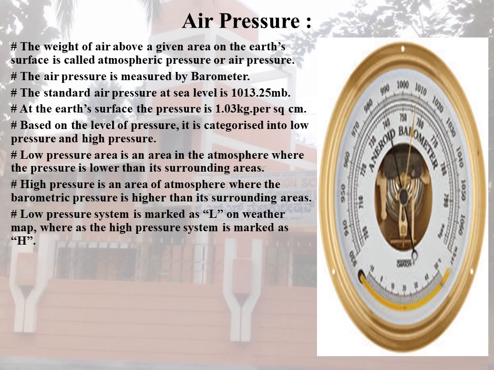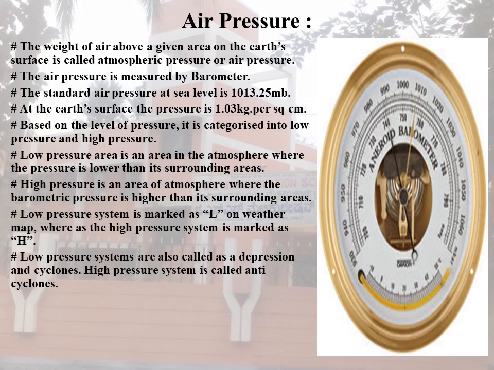The low pressure system is marked as L on a weather map, whereas the high pressure system is marked as H. Low pressure systems are also called depressions and cyclones. High pressure systems are called anticyclones.